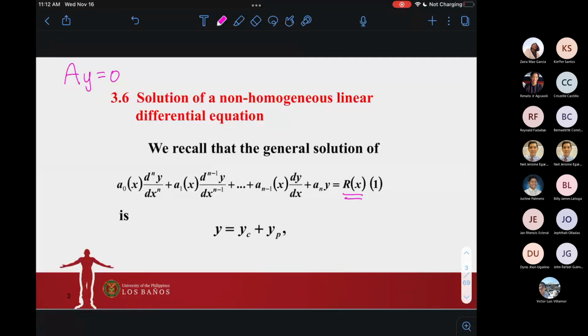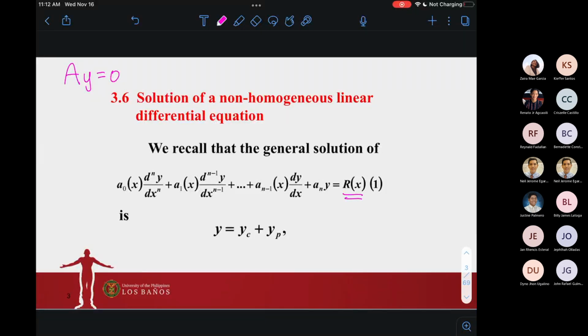So mas komplikado yung solution kapag hindi 0 yung right-hand side. Kaya in applications or in practice, lagi namin kino-convert yung non-homogeneous differential equation to a homogeneous differential equation kasi masyadong matrabaho yung pagsosolve ng non-homogeneous GLDE.